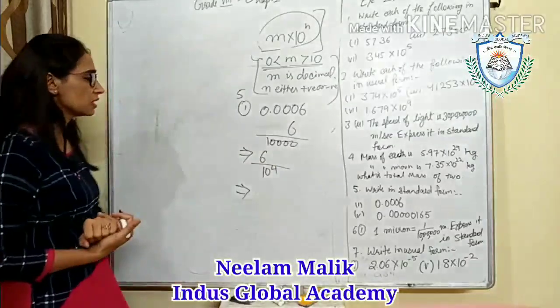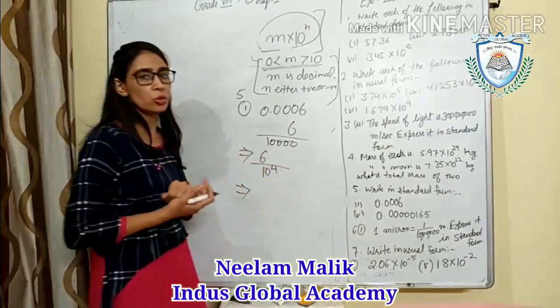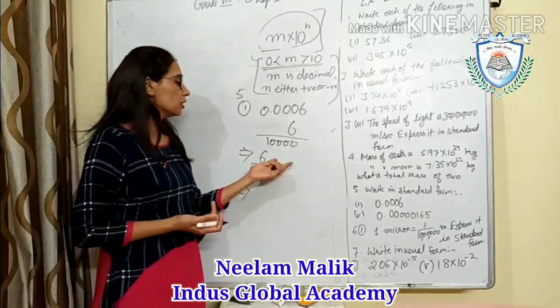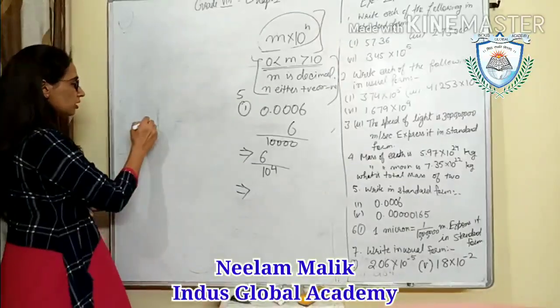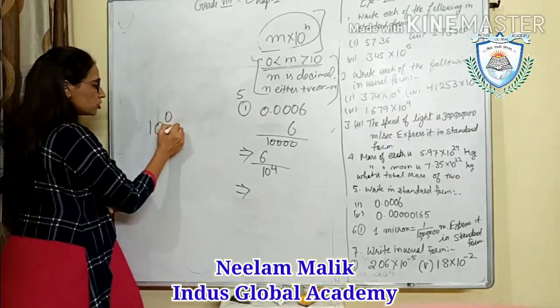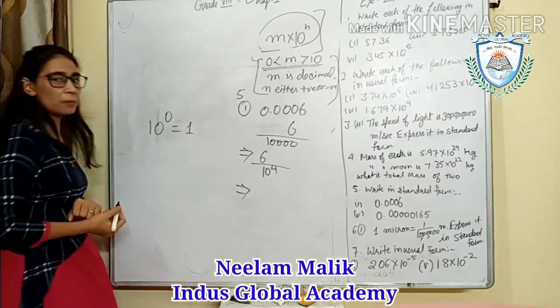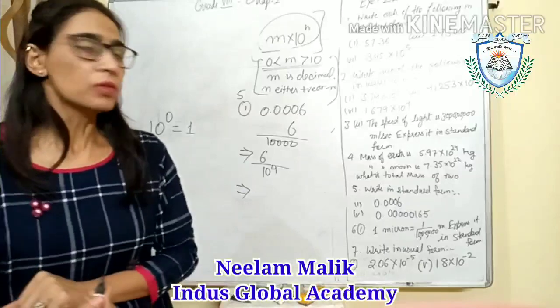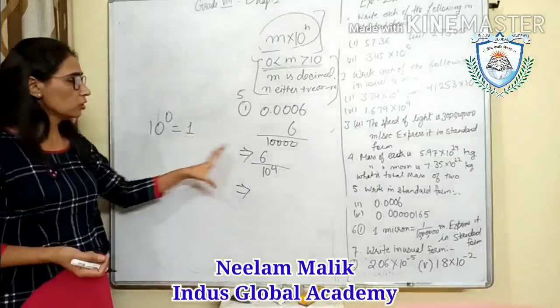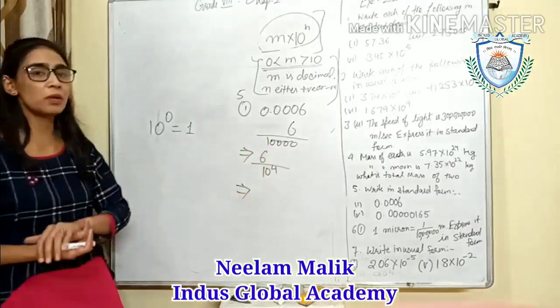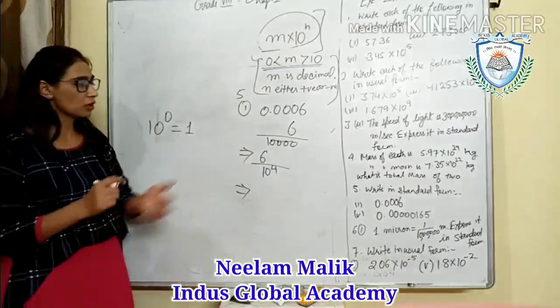Now here there is no 10, so how will we take this up? 10 raised to power 0 is 1. If the power of any number is 0, that is equal to 1. So you can imagine here 10 raised to power 0.